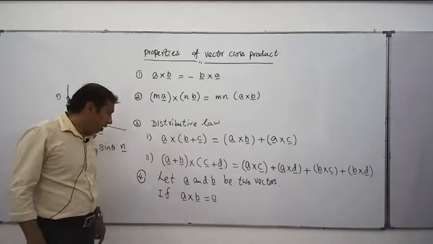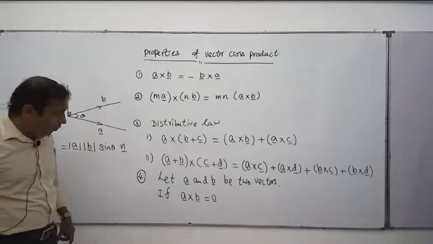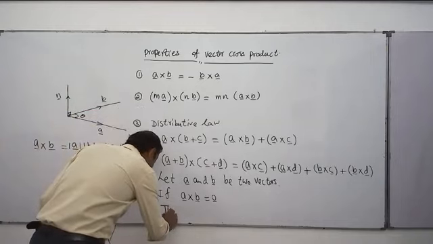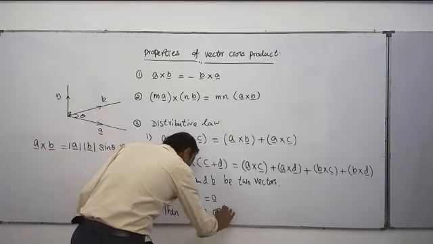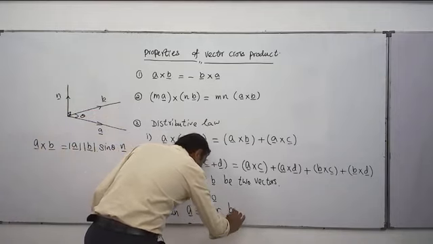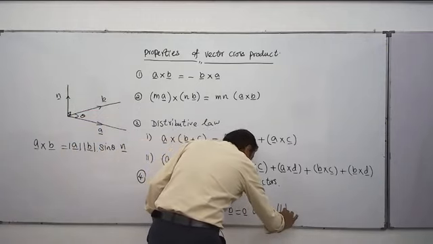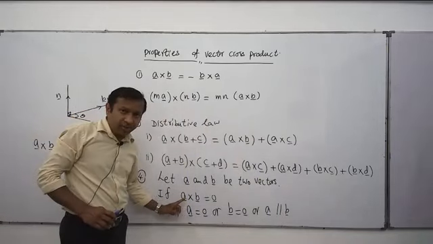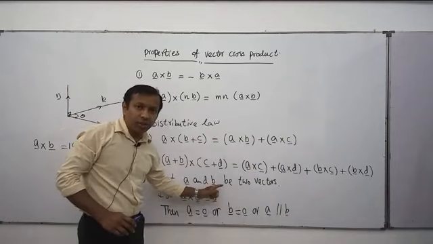Understand? Okay. Then write down: let A and B be two vectors. If A cross B equals the null vector, then A is a null vector, or B is a null vector, or vector A is parallel to vector B. If A is the null vector, A cross B will be the 0 vector. If B is the null vector, A cross B will be the null vector.